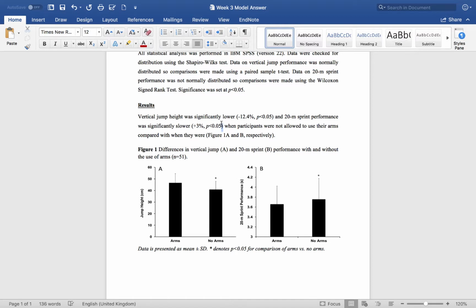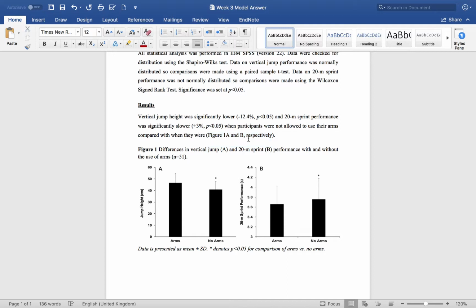So remember, you don't present the actual statistical boxes from SPSS, you just use the p-values and the probabilities that you calculate in SPSS to support the statements that you make. So you're saying here, 20-meter sprint performance was significantly slower, you support that with your statistical analysis, p lower than 0.05.